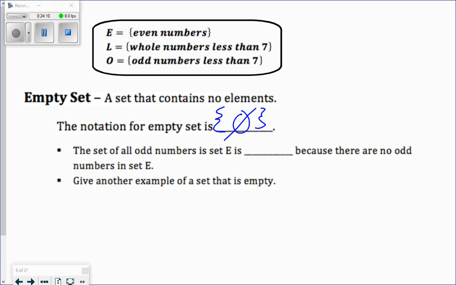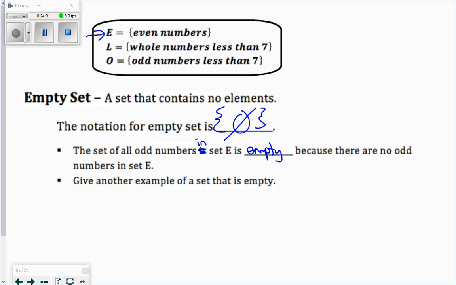So the set of all odd numbers in set E is empty, because there's no odd numbers in set E. Set E is just even numbers. So that would be an empty set.